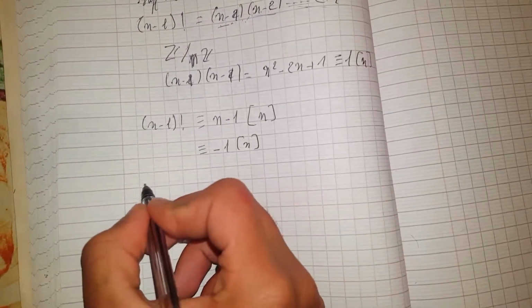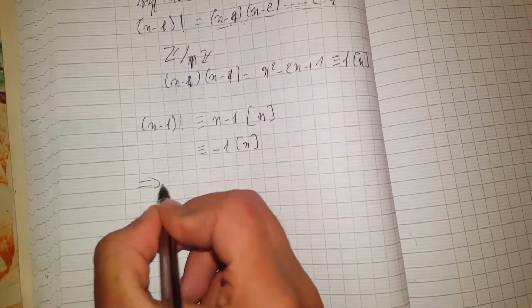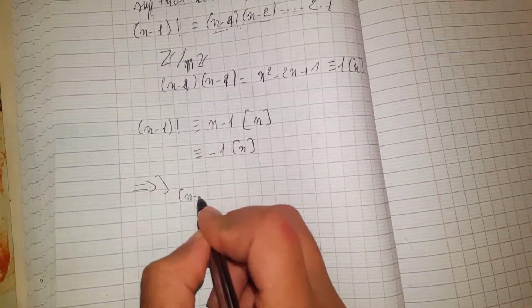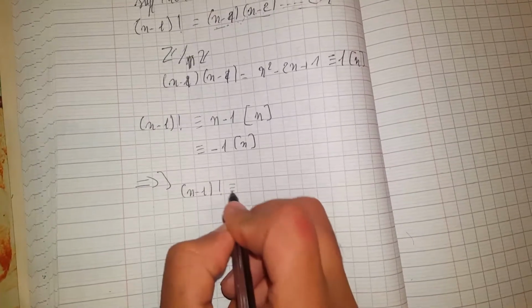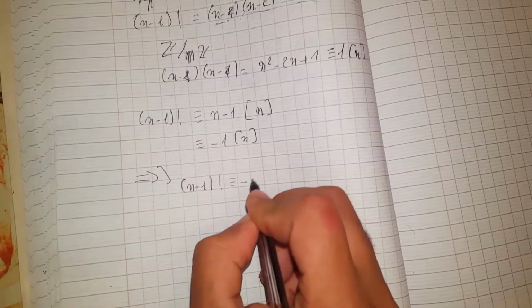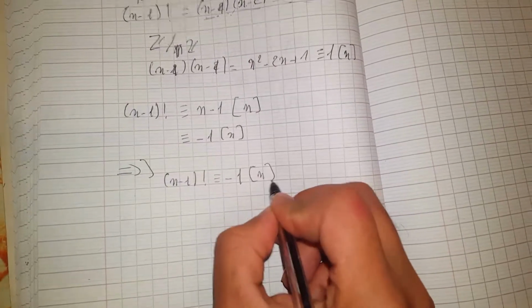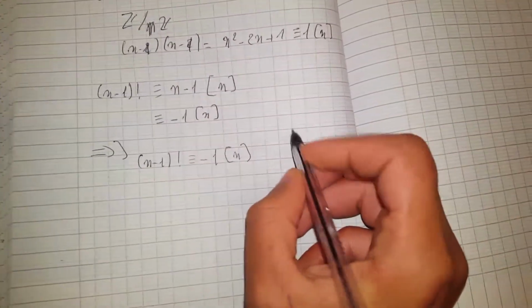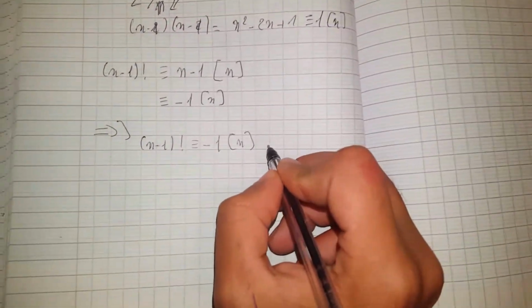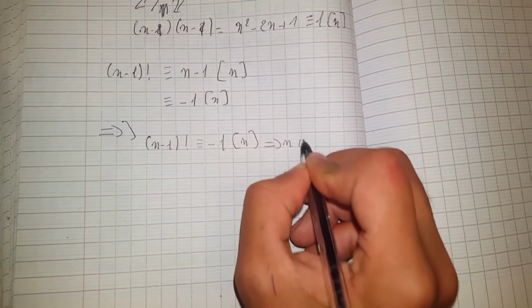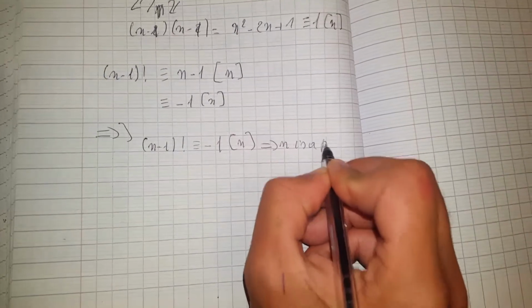And now we will suppose that (n minus 1) factorial is congruent to minus 1 mod n, and we will show that n is a prime number.